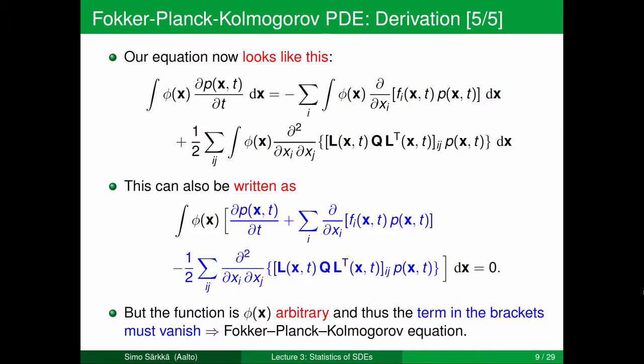But now the function phi of x was arbitrary, and it turns out that this integral can only be 0 for arbitrary phi if the term in the brackets is 0. And this term in the brackets gives us the Fokker-Planck-Kolmogorov equation.